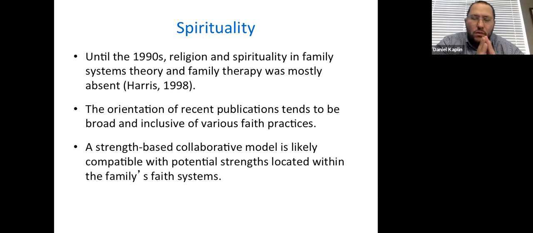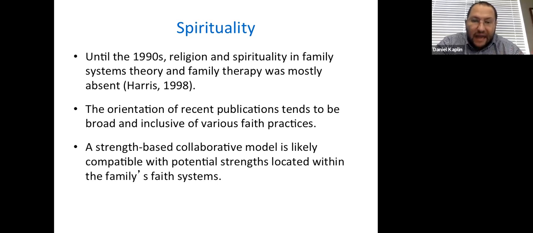Like, when we talk about Rogers and the humanistic movement, there was a lot of focus on religion and spirituality. But religion has expectations on the family too. So it truly was a mistake to extract the family from the religious value system.